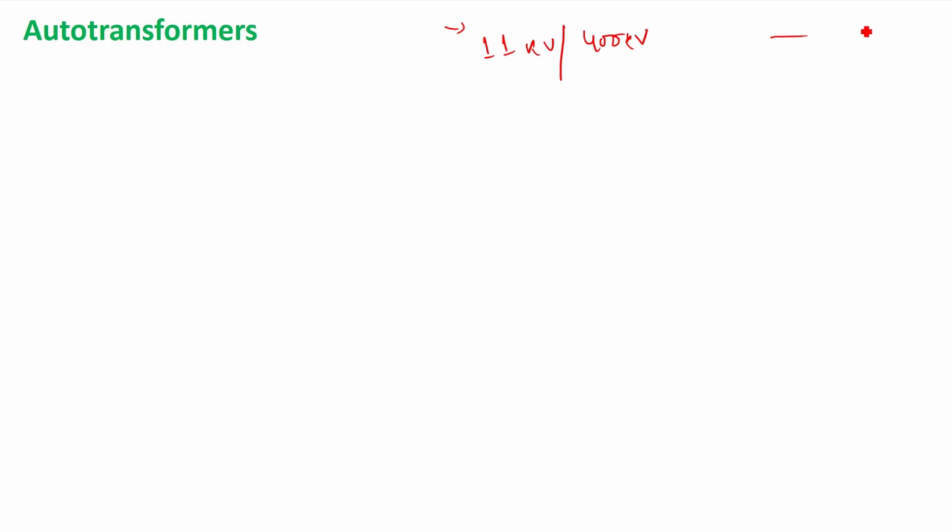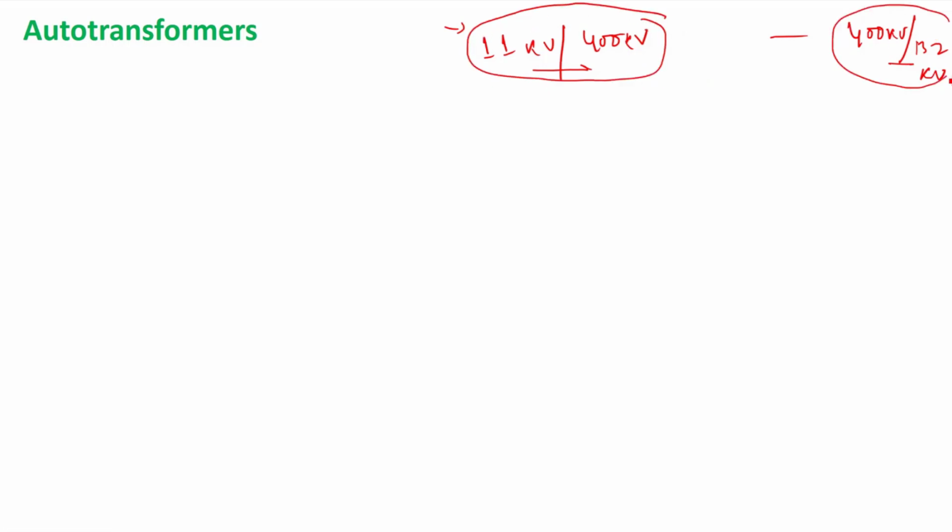And again at the distribution end we convert this 400 kV to around 132 kV, right? So there the transformation ratio is very high, and therefore in these cases it is difficult to use the auto transformer. We cannot use it. Okay, we'll talk more about why it cannot be used.